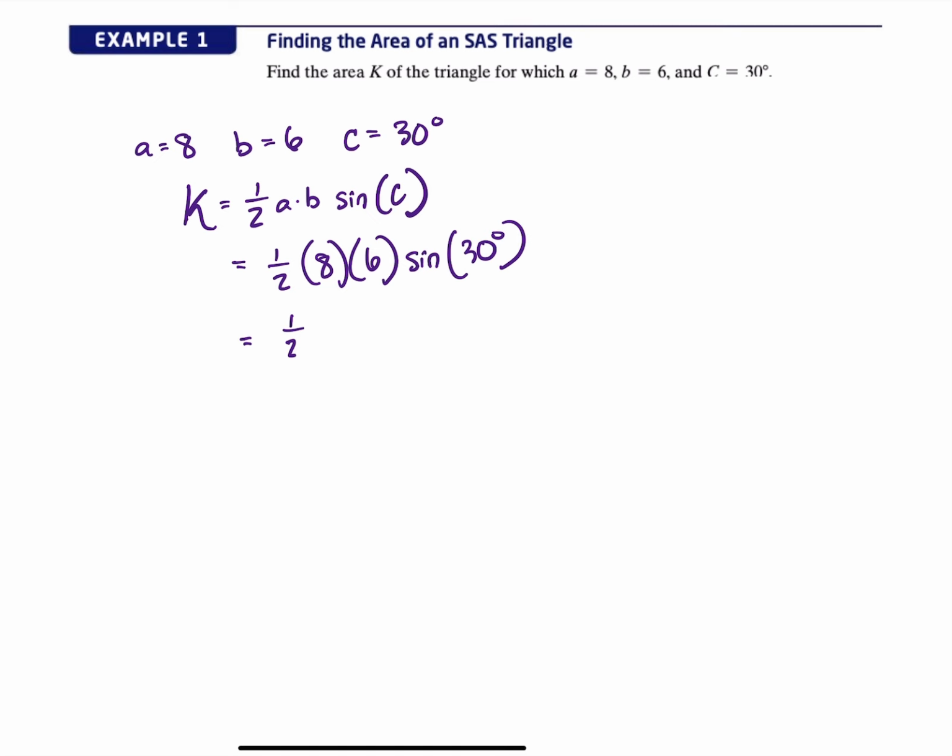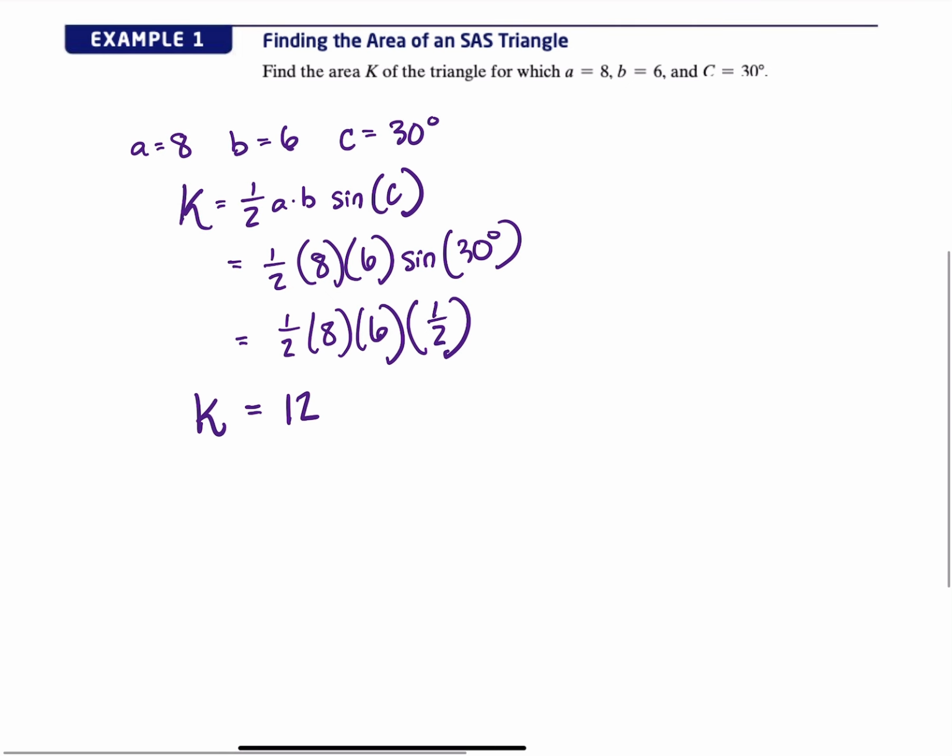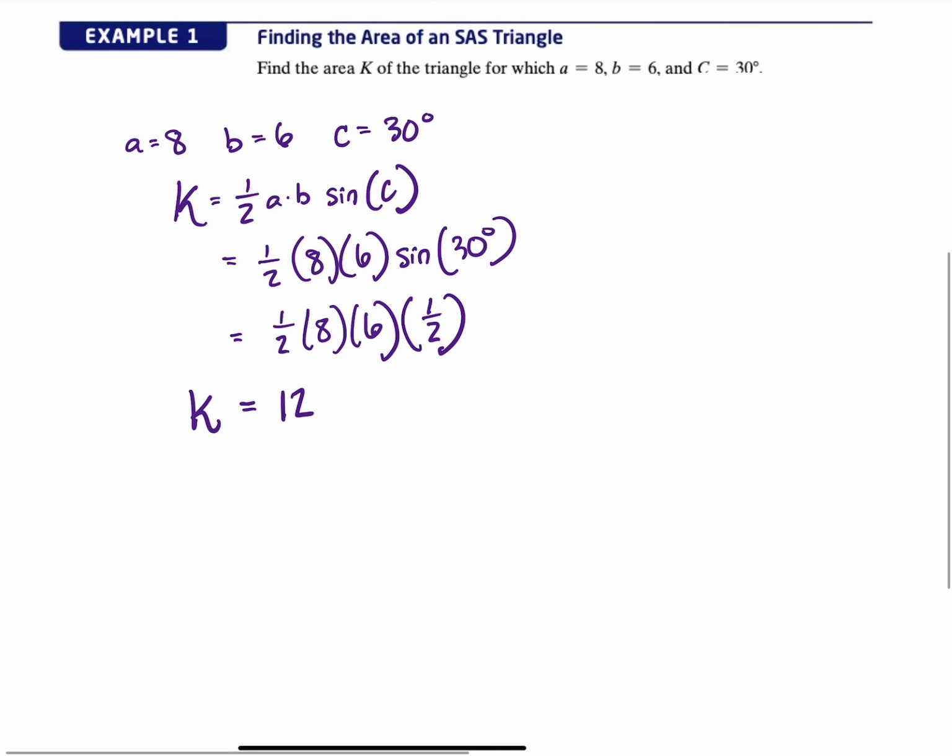The sine of 30 degrees is 1/2. So that looks like 8 divided by 2, so 4. 4 times 6 is 24. 24 divided by 2 is 12. We don't have units, so I'll just say 12 square units.